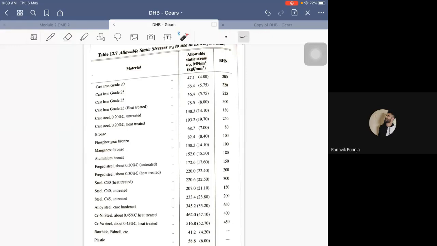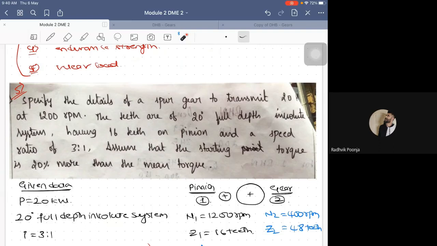My task is, understand, I have to pick one of these materials. So which material should I choose? In order to support my decision, is there any statement given in the problem? That is my question.